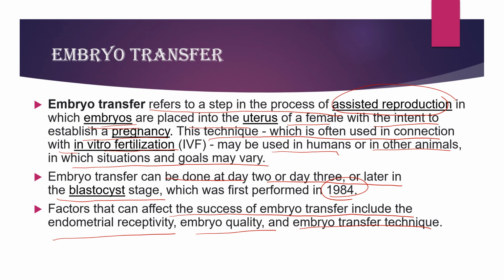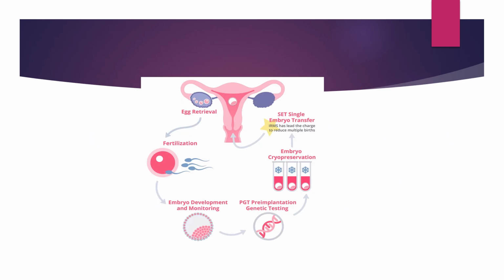So what is the technique? Let us see the diagrammatic representation. Here you can see the egg retrieval is happening. The fertilization process is done. Embryo monitoring and development is being done. Now the embryo cryopreservation is done at the blastocyst stage.